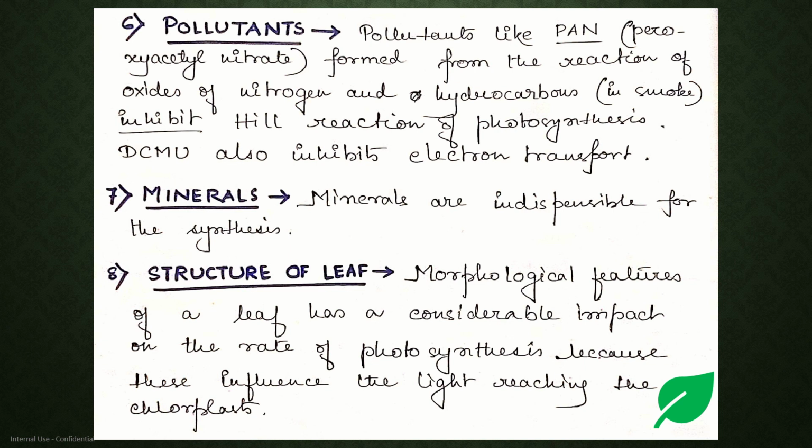So morphological features of a leaf have a considerable impact on the rates of photosynthesis because these influence the light reaching the chloroplast. These anatomical features will influence the amount of light that will reach the chloroplast. Okay, so these are certain important factors that normally affect photosynthesis.